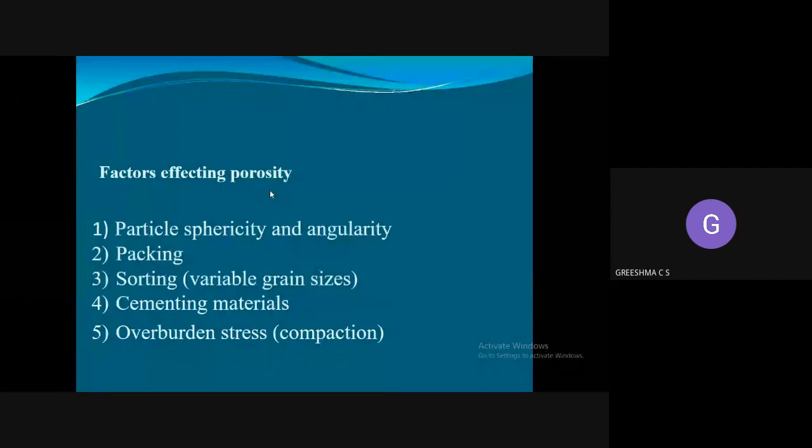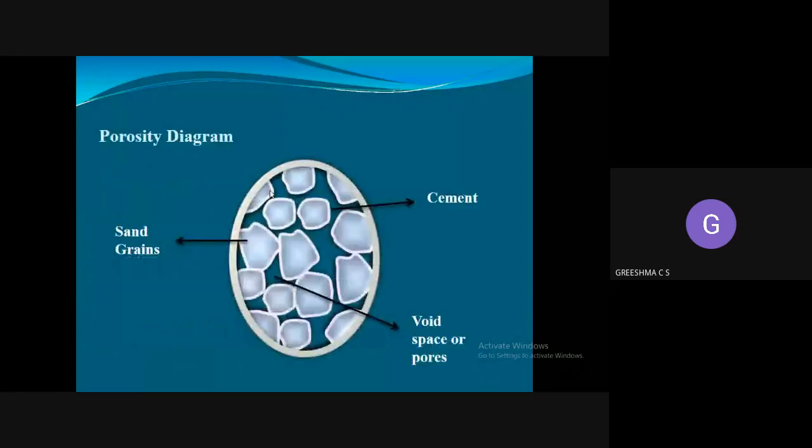The third one is sorting, that is, variable grain sizes. That is the same thing we have said. You will have grains of different sizes. If you see here, sand grains of different shapes will be there.